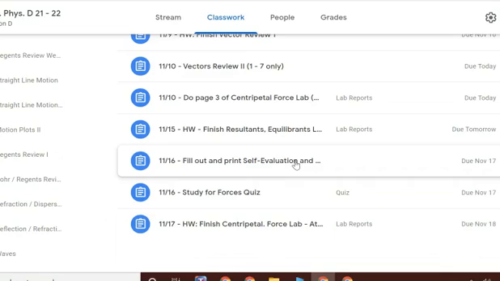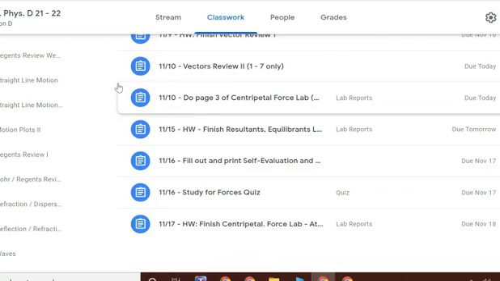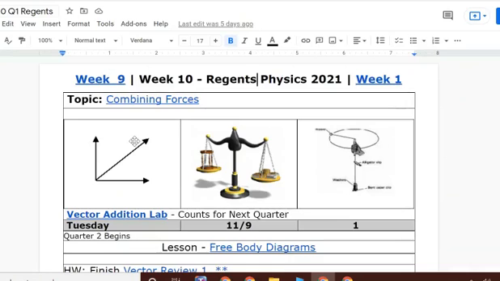It's a really big packet, a worksheet on combining forces.